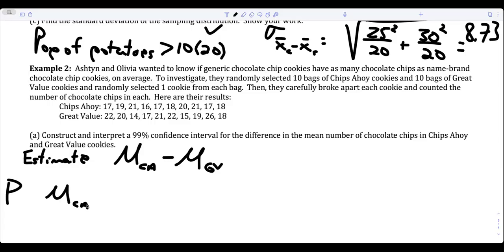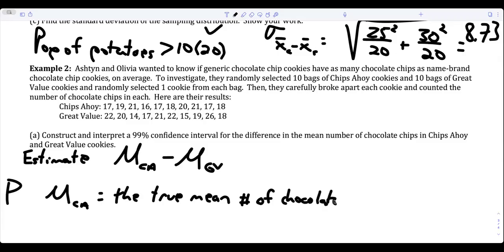Mu sub CA is going to be the true mean number of chocolate chips in Chips Ahoy cookies.